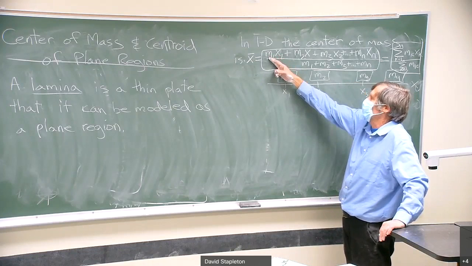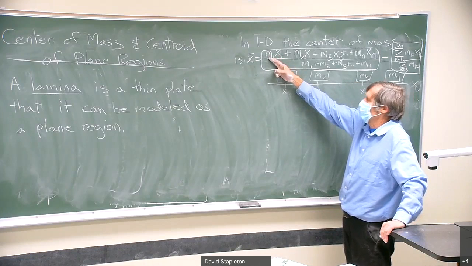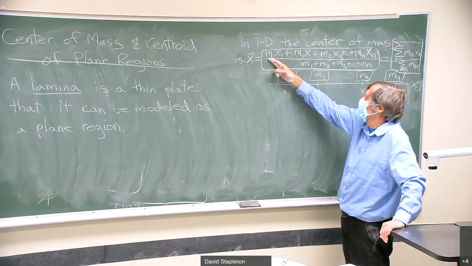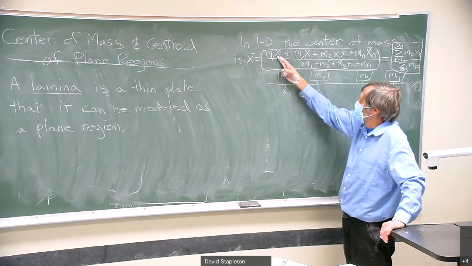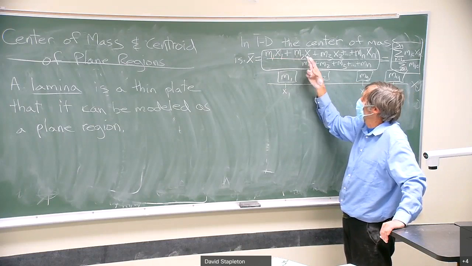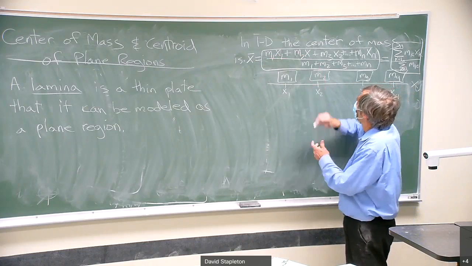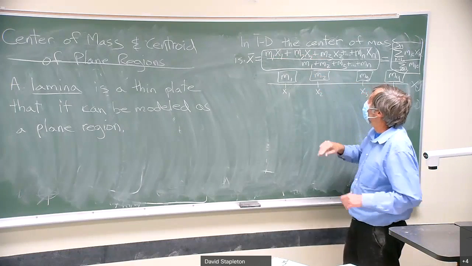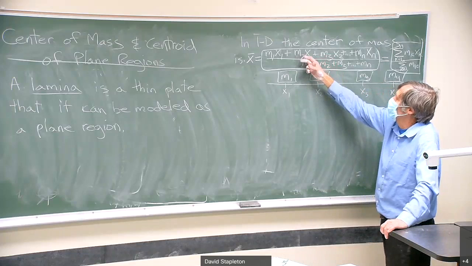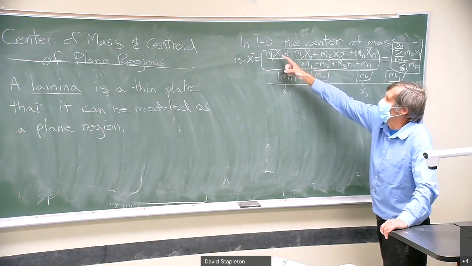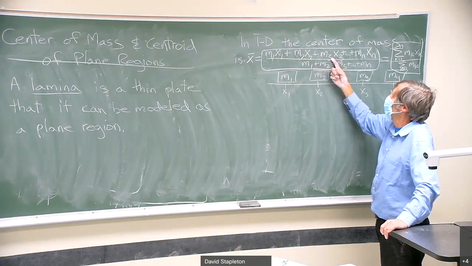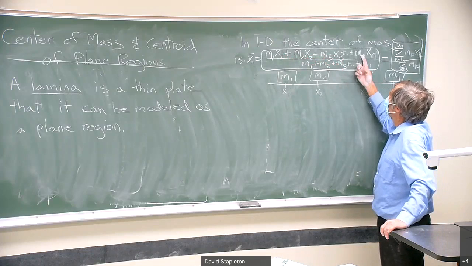Well, let's not say pounds, let's say kilograms. Pounds is actually a force. So let's say mass kilograms 1 times position 1 plus kilograms 2, you have this frequency at point x2. And so these are like how many 1 kilogram masses are sitting at each of these 4 points.